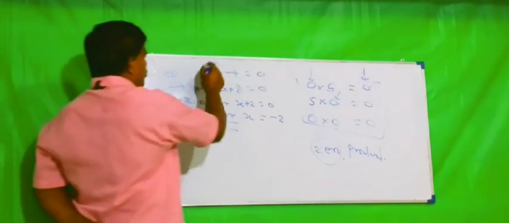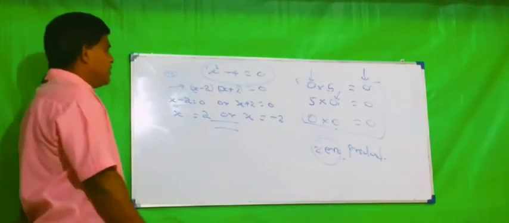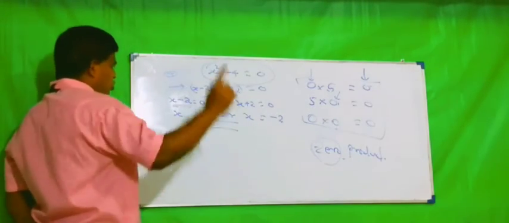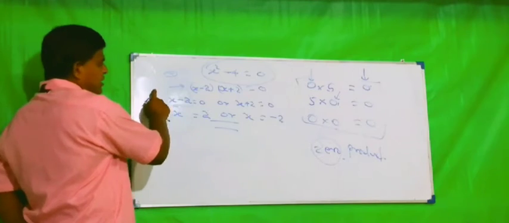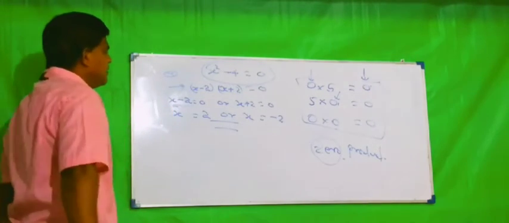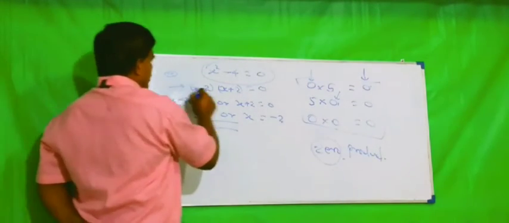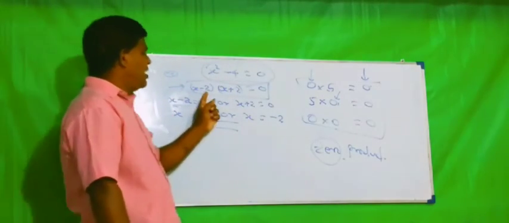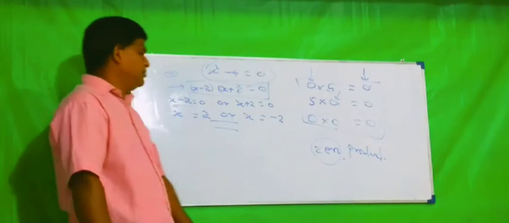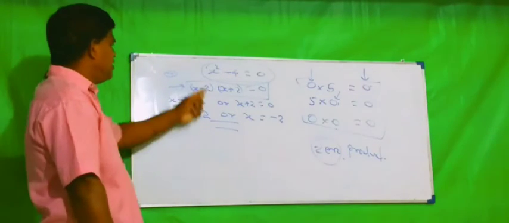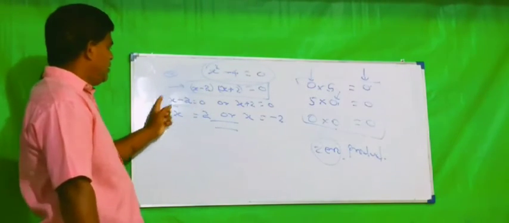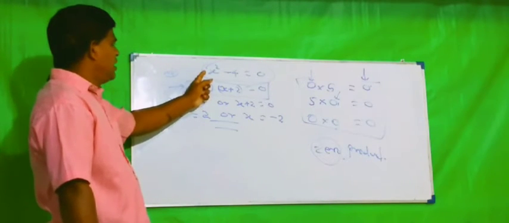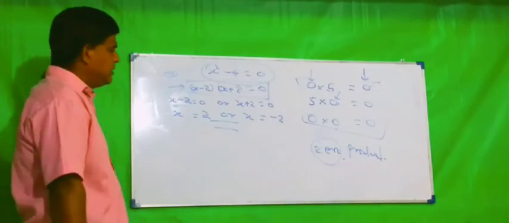This equation could also be solved in the normal method by taking the square root of both sides, but this method is the factorization method. This step is based on the zero product. This is solving a quadratic equation using the difference of two squares.